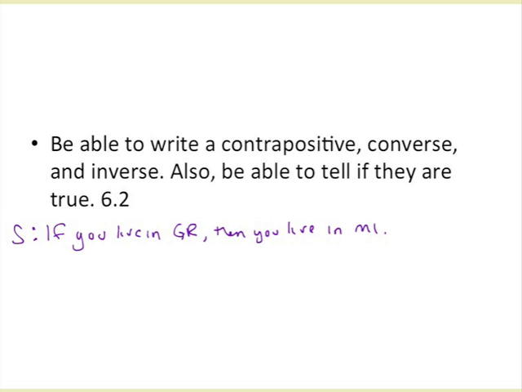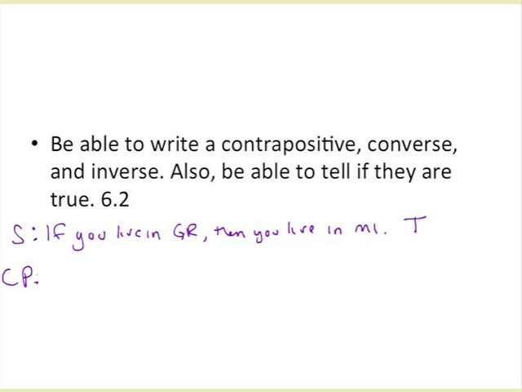We're going to go ahead and say this is true. I know there are other Grand Rapids, but we're going to assume this is true, talking about this Grand Rapids.